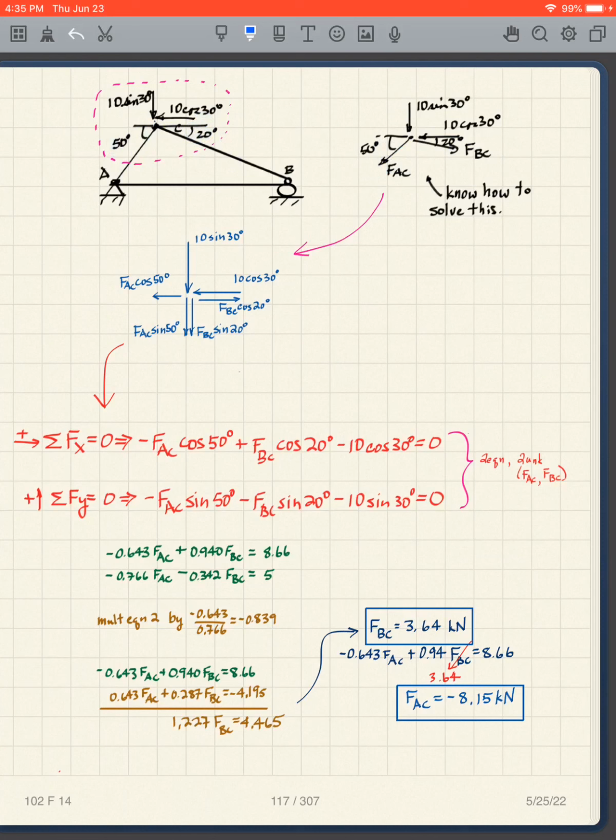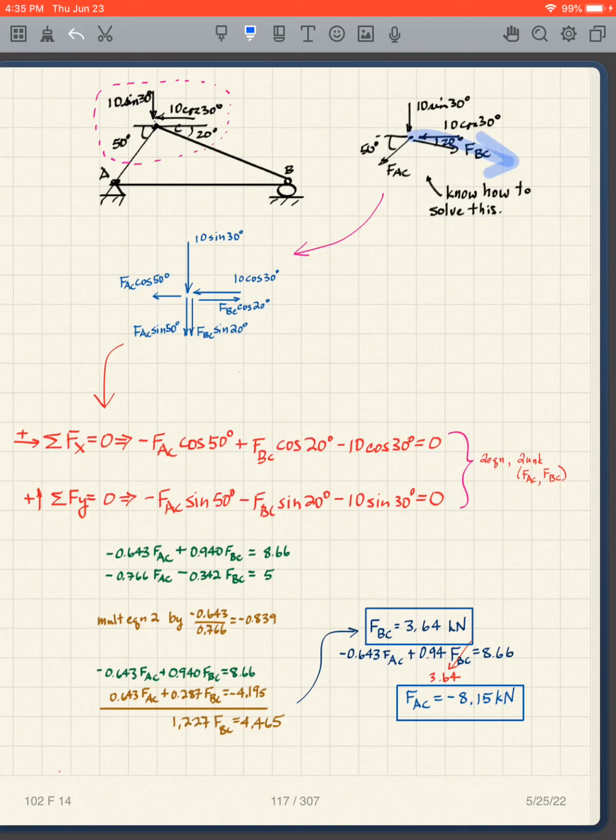So what I need to do, like I said, we go like that from there. And so I have to convert this FAC. Well, what do I do? This is downward to the left, so I have a downward and a to the left. FAC cosine 50 for the x, FAC sine 50 for the y.